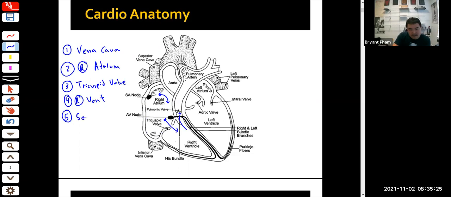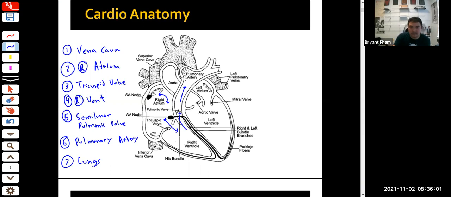Then we're going to go up this part here. This is the semilunar pulmonic valve. Okay. Then we're going to go into the pulmonary artery. Then we're going to hit the lungs.